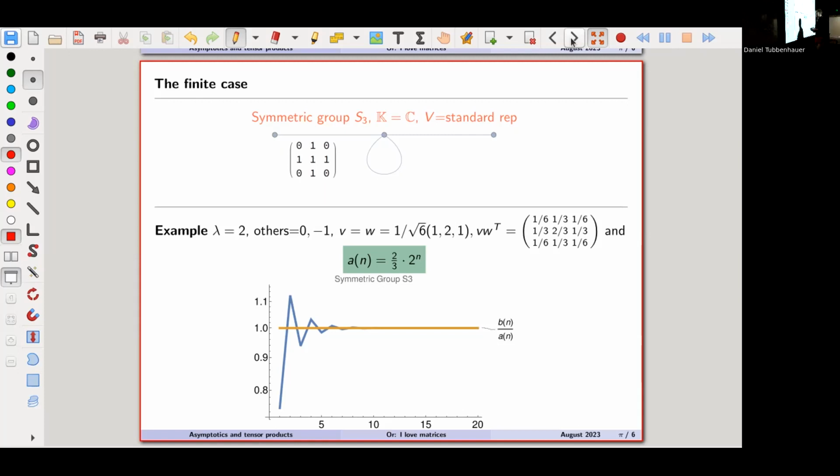Remember, I only need this matrix. And then I'm looking for the eigenvalues of this matrix. The eigenvalues of this matrix are 2, 0, and minus 1. Three eigenvalues for my matrix. If I think about the growth of taking powers of this matrix, that's essentially what I'm doing.